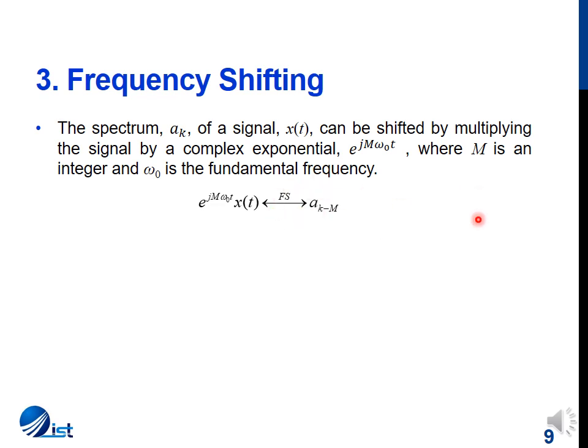We'll see this through an example, but to summarize, the application of this property is a common phenomenon in communication systems, which is known as amplitude modulation. In communication systems, amplitude modulation was traditionally used for voice transmission, radio transmission, etc. So this property uses frequency shifting.